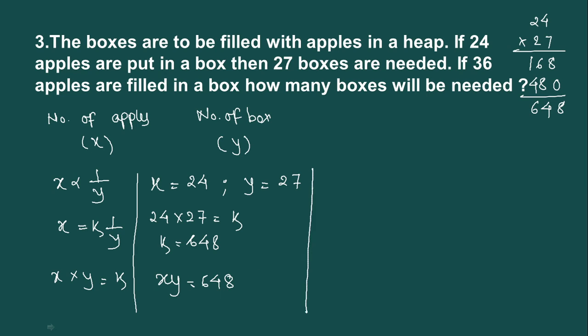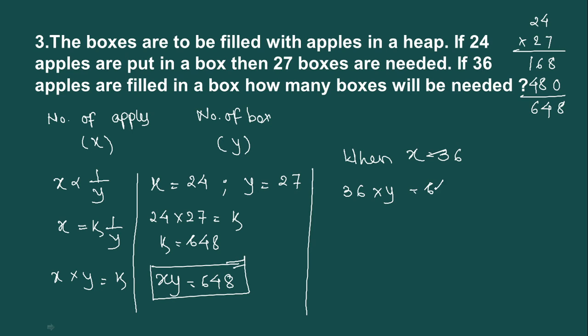Now children, we got the equation of variation as xy is equals to 648. Now when instead of 24, you are inserting 36 apples in a box, what will happen? 36 into y will be equals to 648. Now let's divide. It will become 648 divided by 36. Now let's divide this with the table of 12. Now see children, 12 2s are 24, 12 3s are 36.